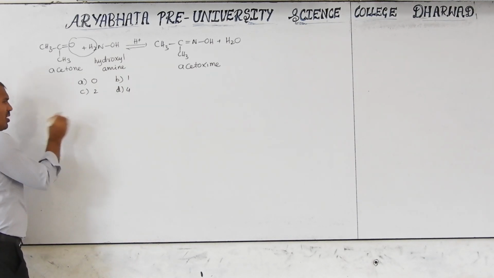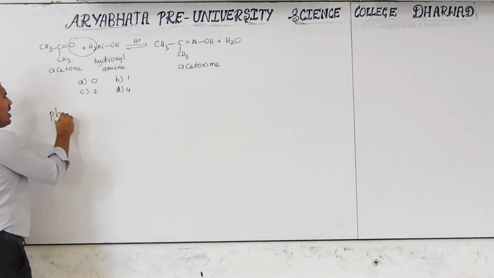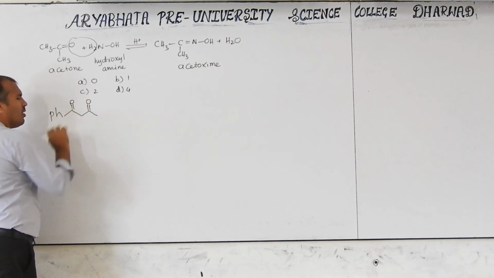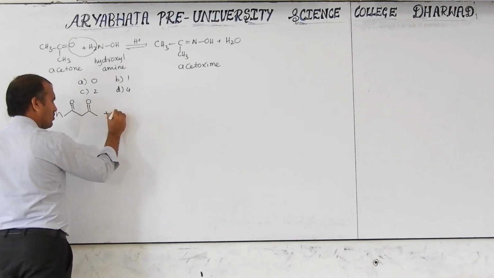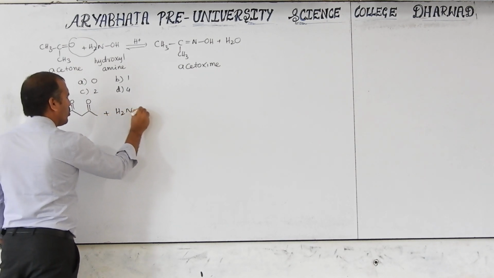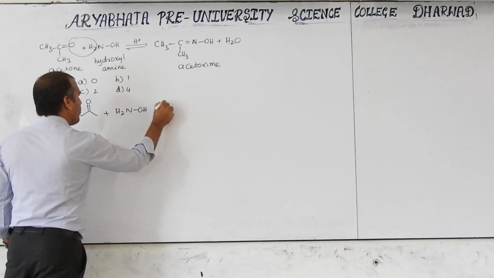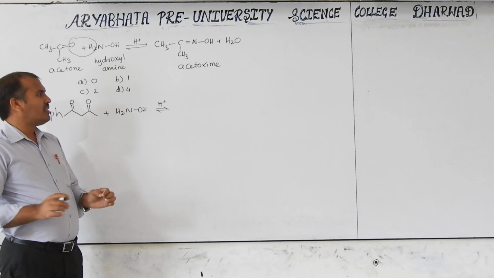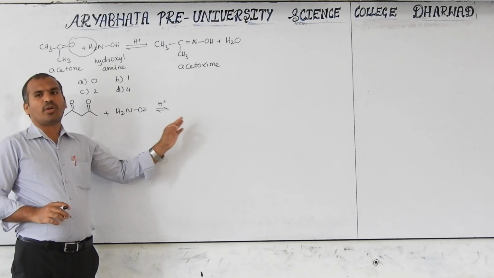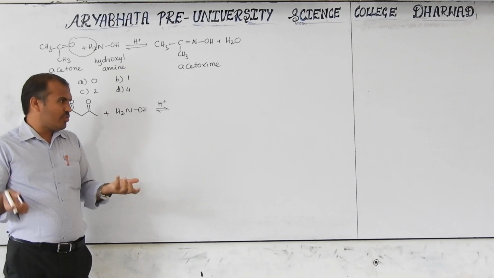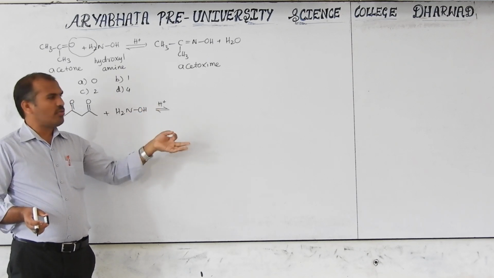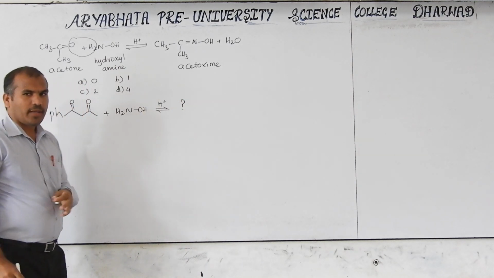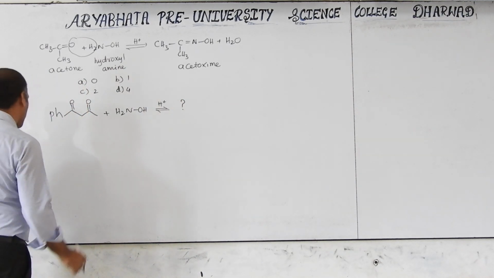Next, one more example, like this: Ph C double bond O reacts with NH2OH in acidic medium. Write the products and answer how many products are possible. Products means that may be isomers or whatever. How many isomers, or how many products are possible, we have to write. Okay? That's the question for you.